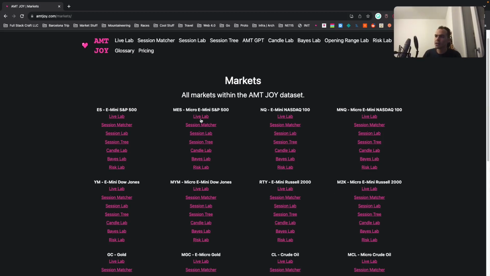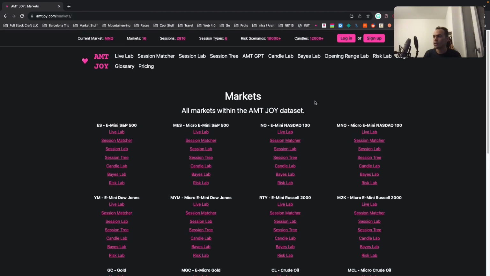And from there, we have links to each of our tools. That'll save as soon as you pick one, in the local storage of your browser. So I've been using it for MNQ, and that'll save. If you don't, and you just click any one of these, the default is ES.